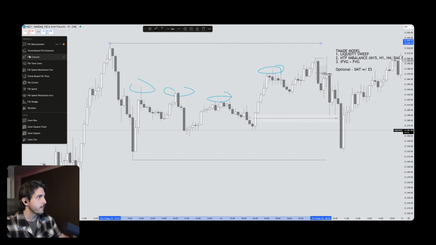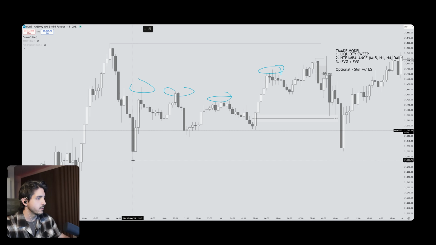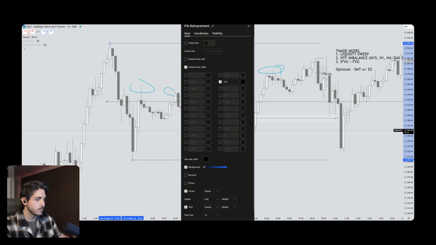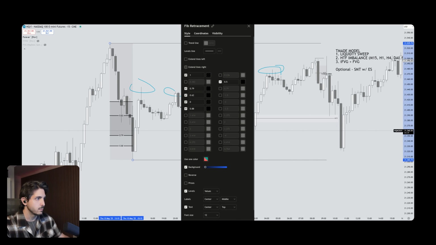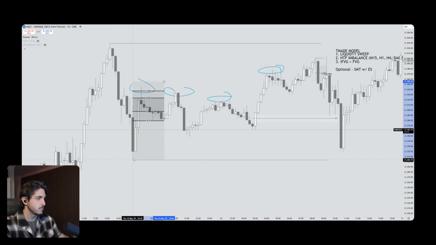And for me, if we can get into premium of the range, which is the upper 50% of the range, we're going to go ahead and mark that out here.